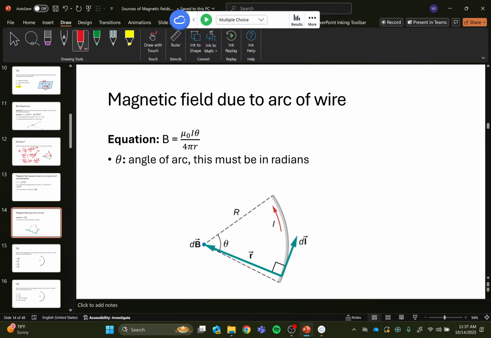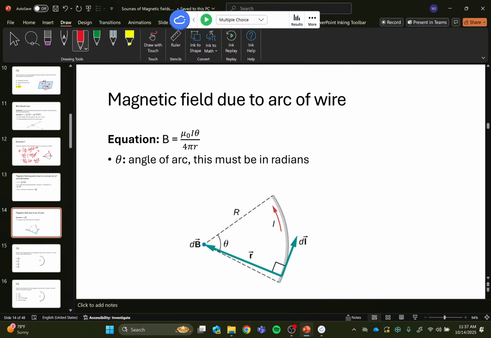Yes, it needs to be. Anytime you want to plug in an angle, anytime you want theta by itself, not in a sine, not in a cosine, not in a tangent, you need to use radians. Radians are real. Radians came from that r d theta. You need to use radians here. If you use degrees, it will be wrong. Degrees are made up.